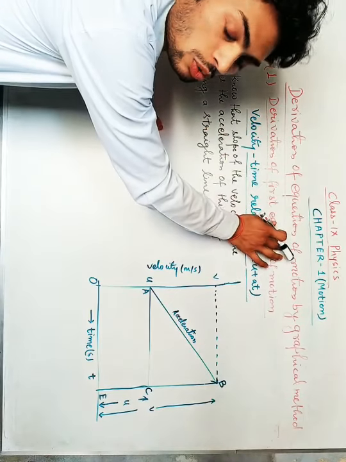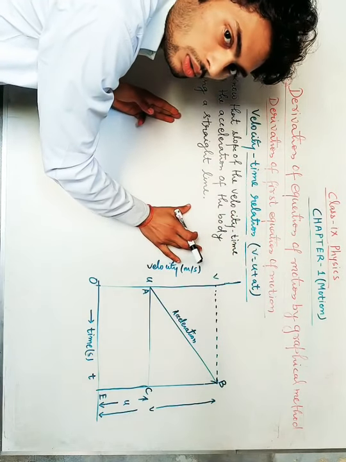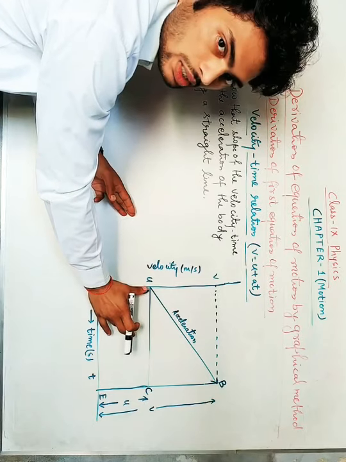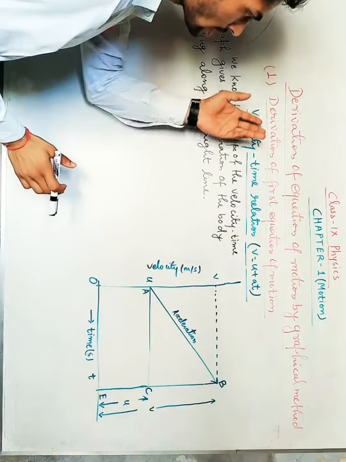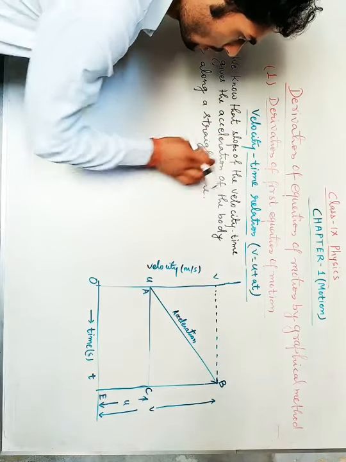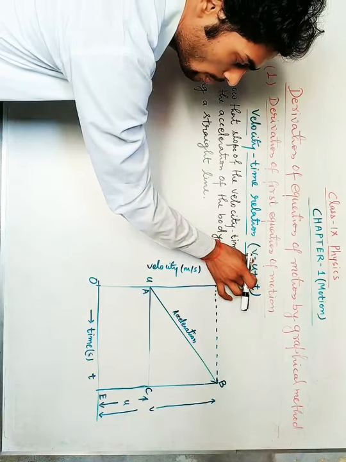Derivation of equations of motion by graphical method. Let us discuss the equations of motion by graphical method step by step. First, let us derive the first equation of motion, which is also known as the velocity time relation, v equal u plus at.